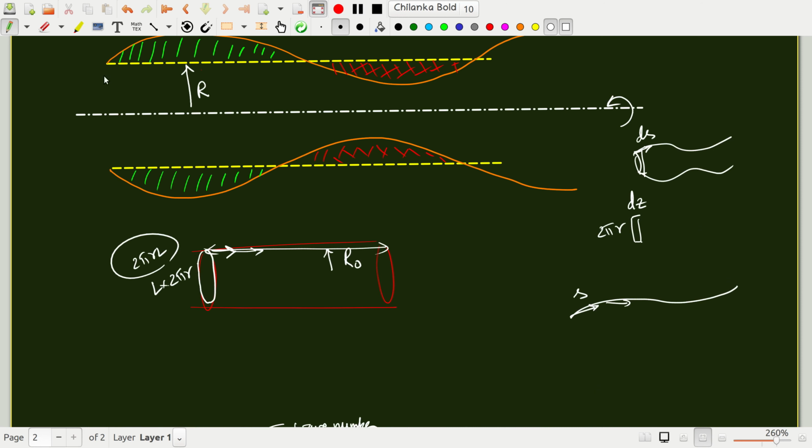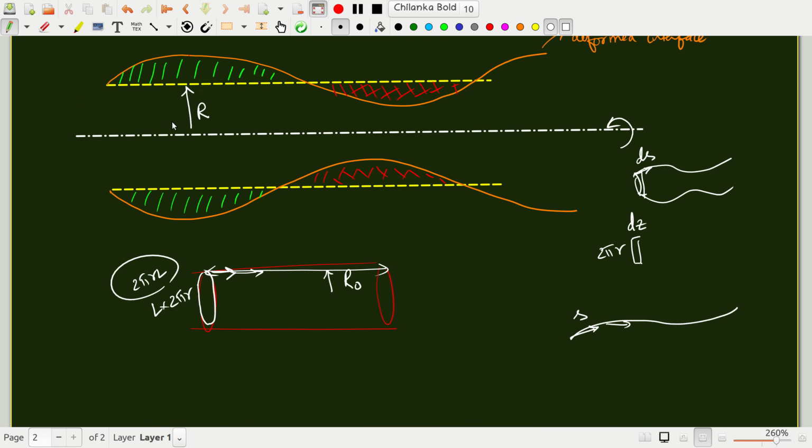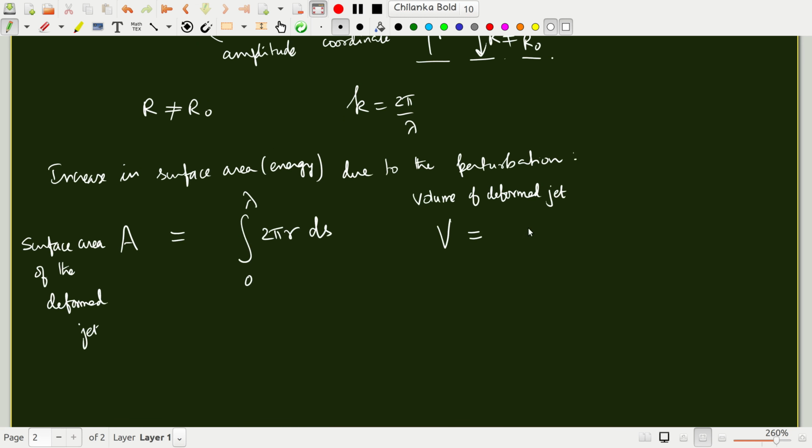And you are integrating over, and r is a function of z because it's varying, so this is nothing but 0 to lambda, pi r squared, the local area, times dz.